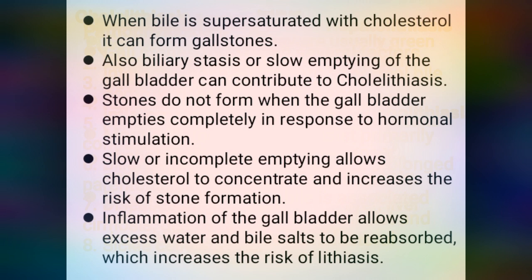When we talk about being supersaturated with cholesterol, we're just talking about the increase in the production of cholesterol because of those factors that we have talked about. When those factors are present and there's an increase of cholesterol, it leads to the formation of the stones in the gallbladder.